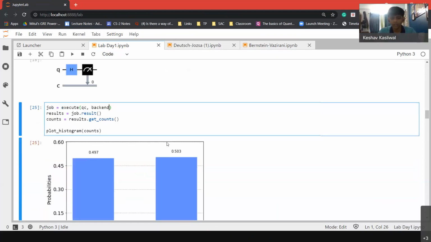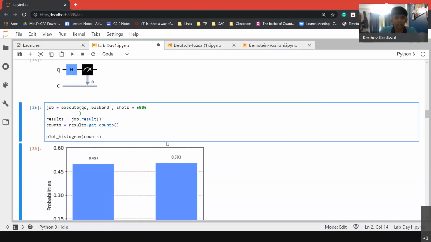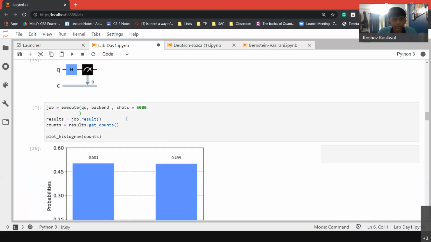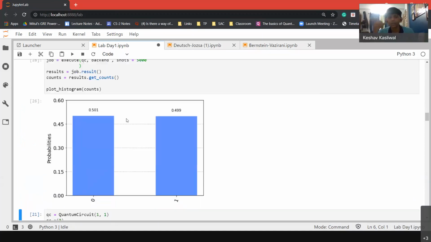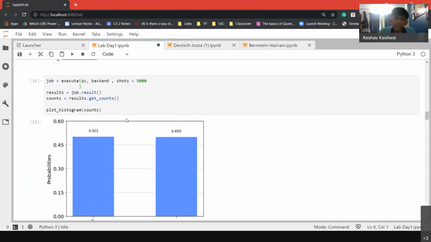Even let's say I increase the shots to 5,000. Okay, look, 0.501 and 0.499. So is the answer converging to a perfect 0.5, 0.5, right? Even if you increase the number of shots to 10,000, 50,000, 1 lakh, you'll converge to the proper and optimum result that we have, that is 0.5 and 0.5.